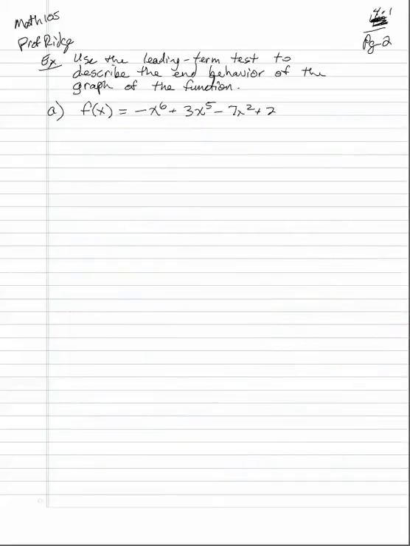Okay, so let's use the leading term test to describe the end behavior of the graph of the function. So if you were to graph this on an xy axis, what are the ends doing?